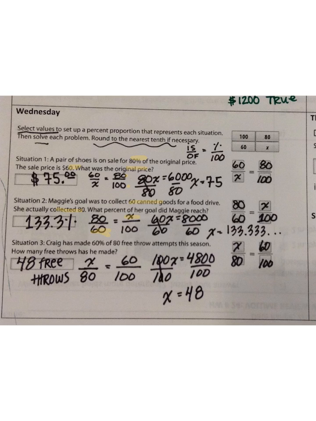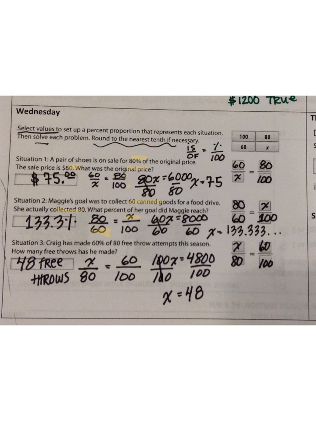She wants a goal of 60, but she actually collected 80, which is more. So that goes for the part. So I did multiply and divide, and I got 133.3 repeating, and it said round to the nearest tenth if necessary. So she actually did 133.3% of her goal, and that should make sense because she got 20 cans over her goal.